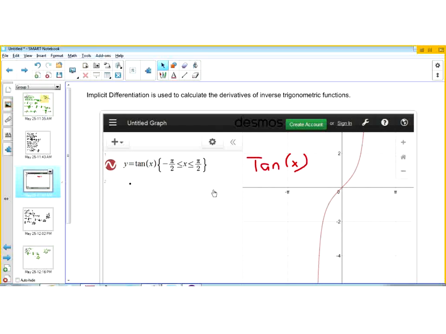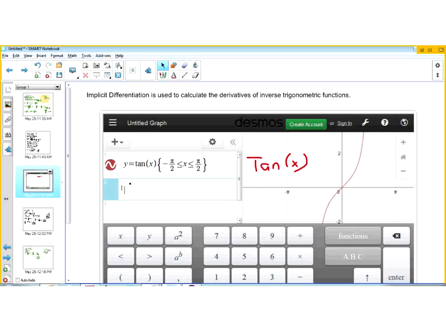And the domain of the arctan function becomes the range of the principal tan function. So the range of the principal tan function is the set of real numbers. And so that means that the domain of the arctan function would be the entire x-axis.